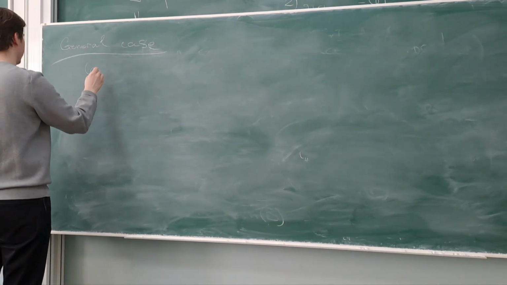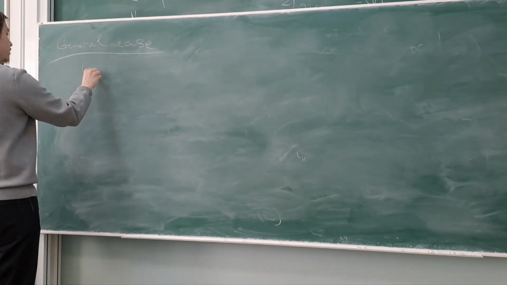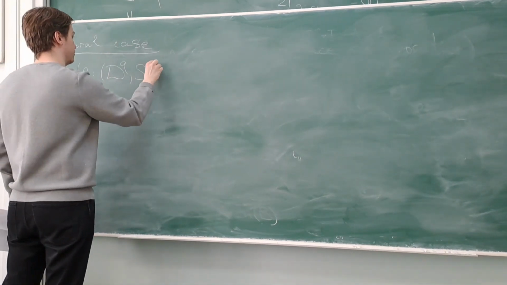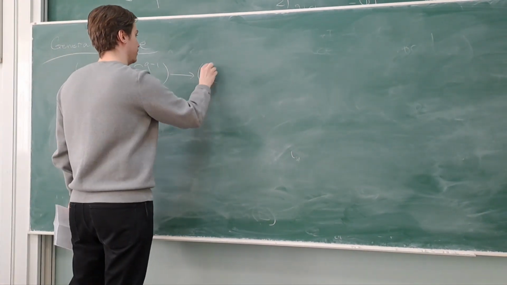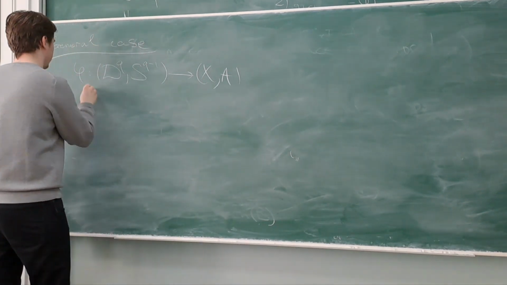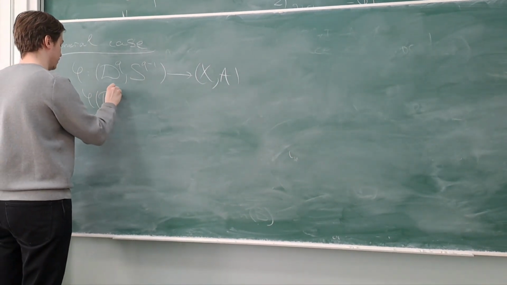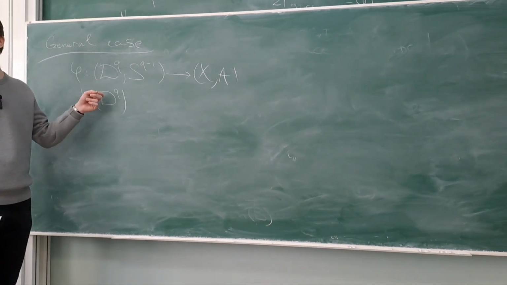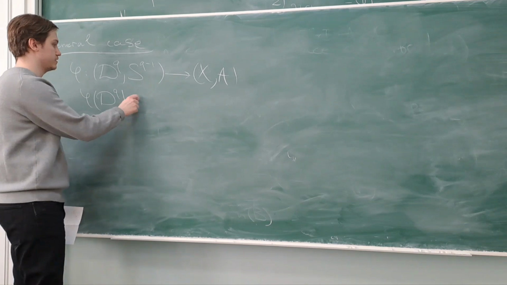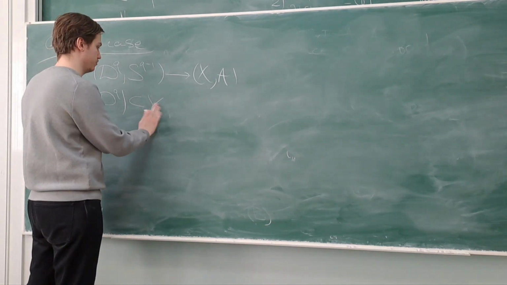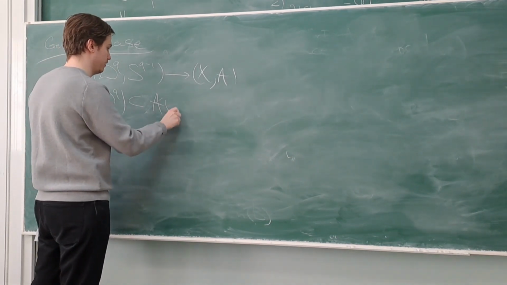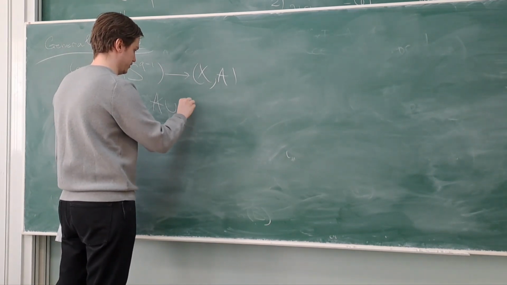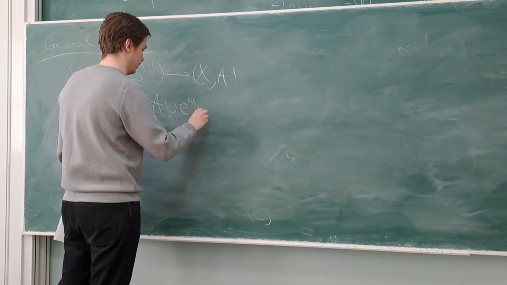So it's more or less obvious. The point is that, okay, let's take some spheroid. Again, some relative spheroid in your pair. So then you need to say that since this disk is compact, the image is also compact, and it lies in a finite number of cells. So it lies in A, plus a finite number of cells. Let me write it like that.